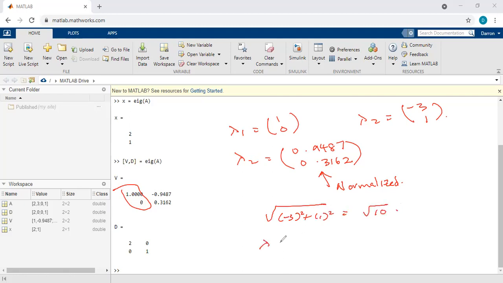And then what they did is that the lambda 2 eigenvector is -3 divided by root 10 and 1 divided by root 10. Let me see if that gives me the answer. So they normalize the vector. So that's -3 divided by, I'm working it out on the calculator. So the normalized vector is a vector divided by its length.